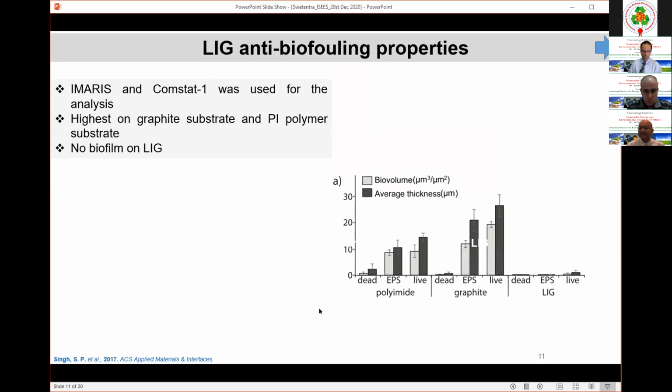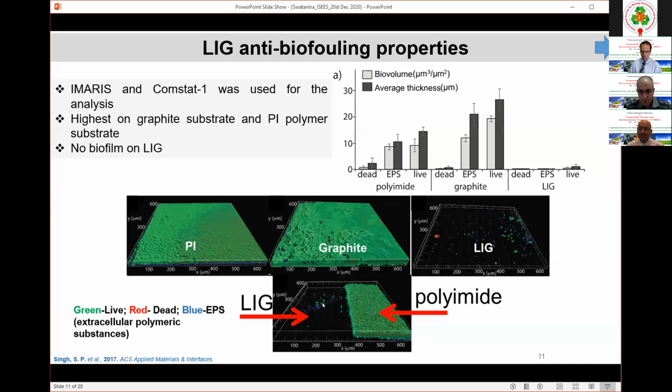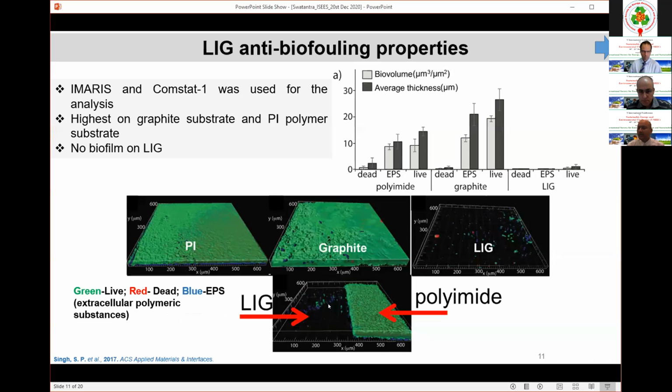We were really surprised about what properties of laser-induced graphene give such a result, because there are earlier results with graphene oxide and reduced graphene oxide, but in all those cases, no one had ever reported such anti-fouling surfaces. Here, we did a control experiment with graphite and saw a lot of biofouling on that. PI surfaces, a lot of biofouling, but laser-induced graphene, no fouling.